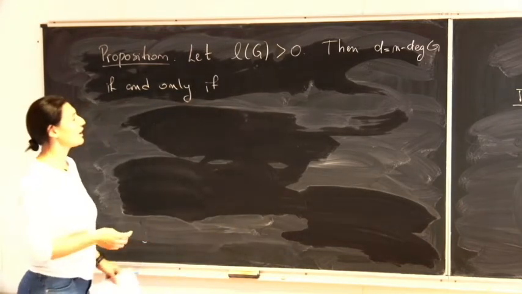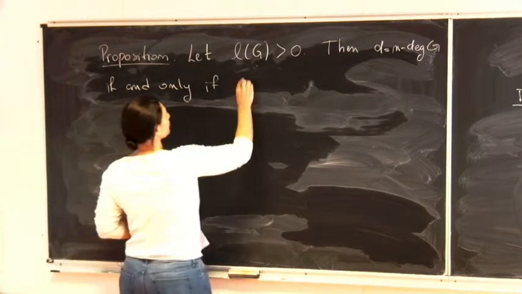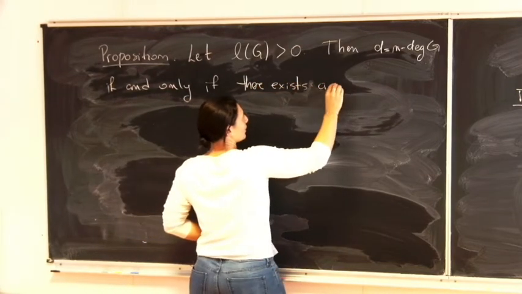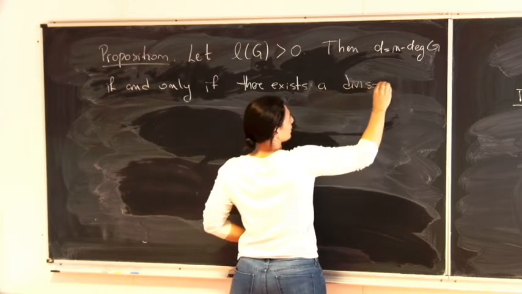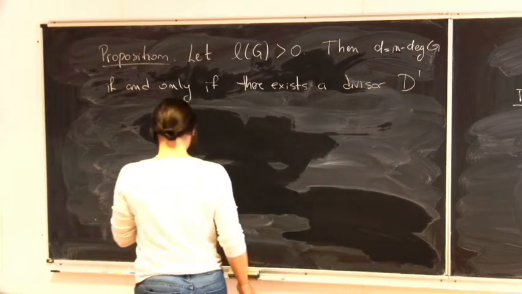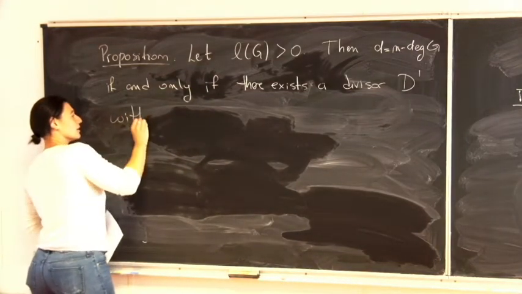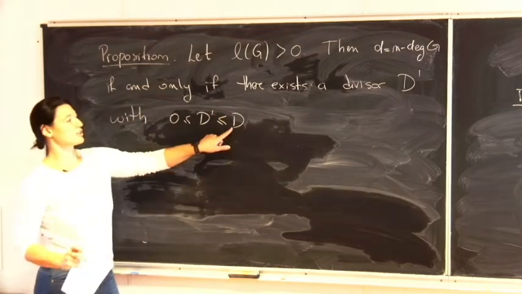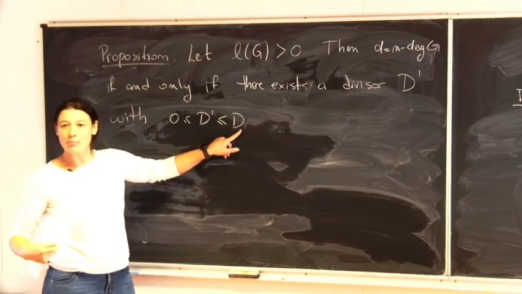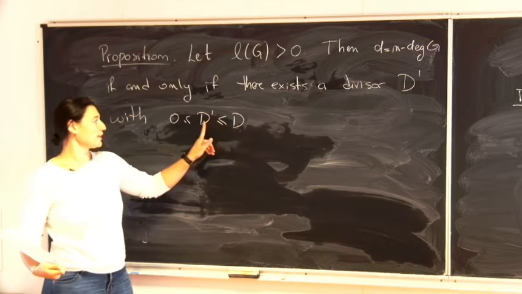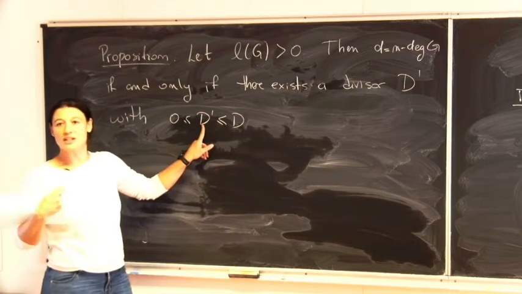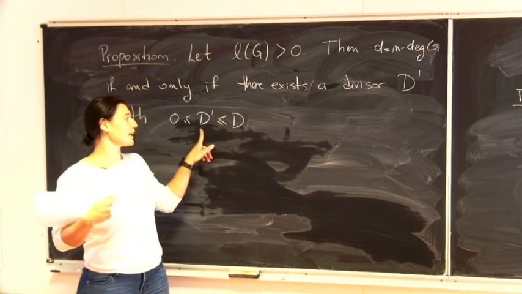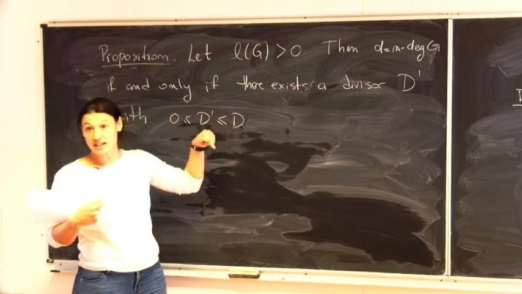we have another divisor, I will call it D prime, such that it's comparable with our divisor D. So since D is a sum of places of degree 1, then D prime is going to be also the sum of those places, because if I want to compare them, the support of one has to be inside the support of the other.